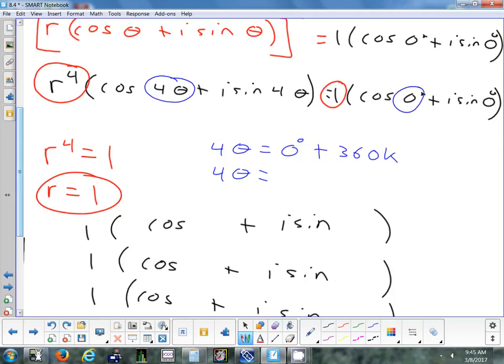What's 0 plus 360k? Just 0. Well, not 0, no. 360k. And remember, we want theta here. So how do you put the 4 on the other side? Divide. So we get theta equals, what's 360 divided by 4?